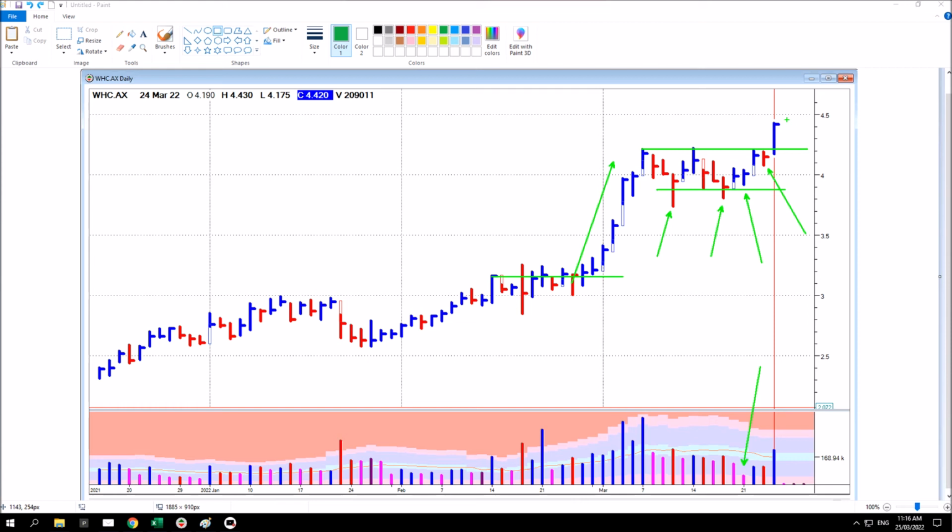Markets will generally not rise very high when increased supply is being drawn out. It just makes it difficult to carry price higher when there's supply being drawn out.